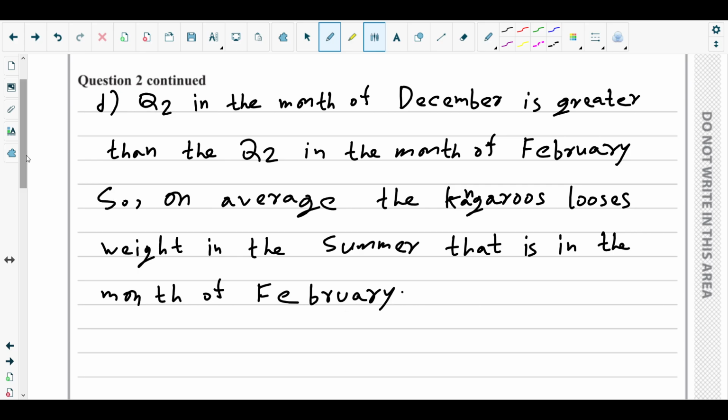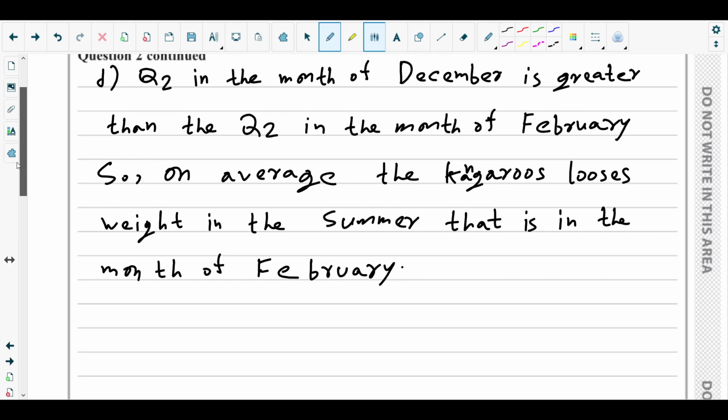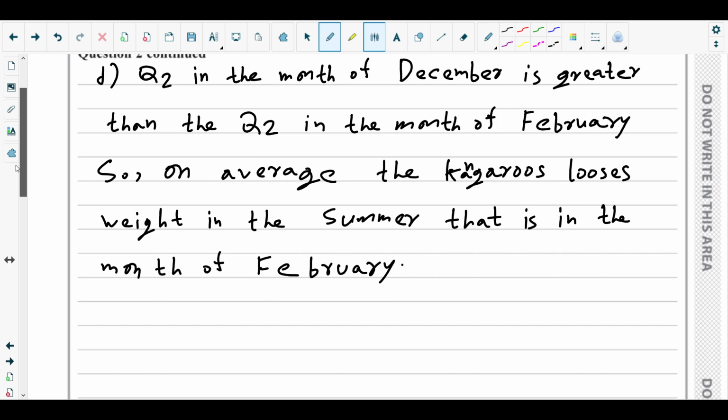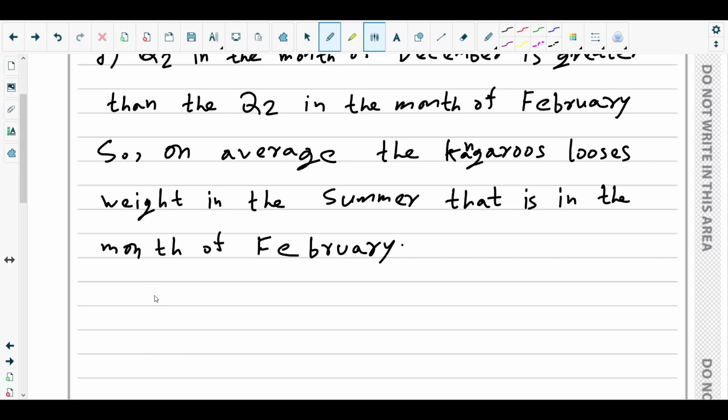Then we need to comment on the measure of spread. For spread, you can consider the range or the IQR.